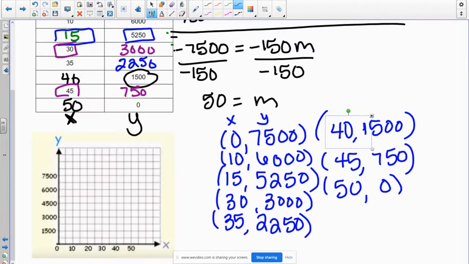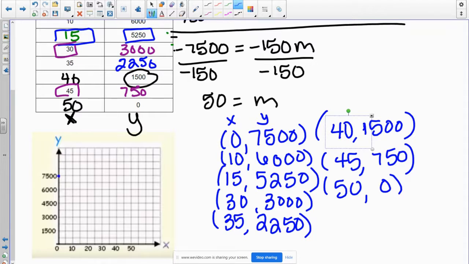So if we do this right, it should graph in a linear function. And a reminder from the last learning target, linear means when graphed a straight line, or the constant rate of change, which I can hear in the context, is 150 for every minute. So let's graph this. So here's 0, 7,500.